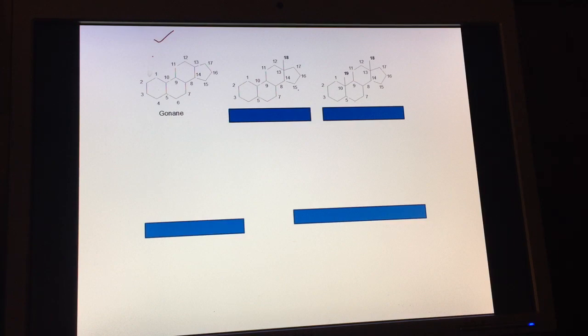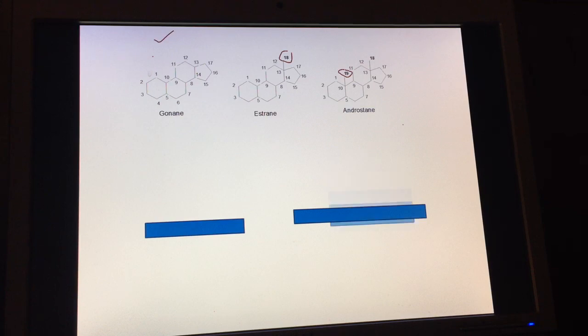Now we have an additional methyl group at position number 13, which corresponds to C18, and the name is estrane. Likewise, we have an additional angular methyl group at position number 10, that is C19, carbon number 19, and this structure is called androstane.